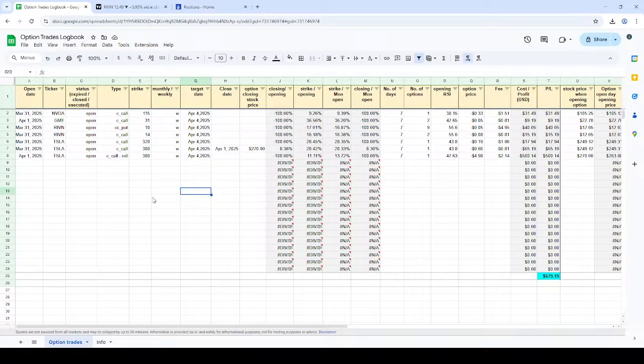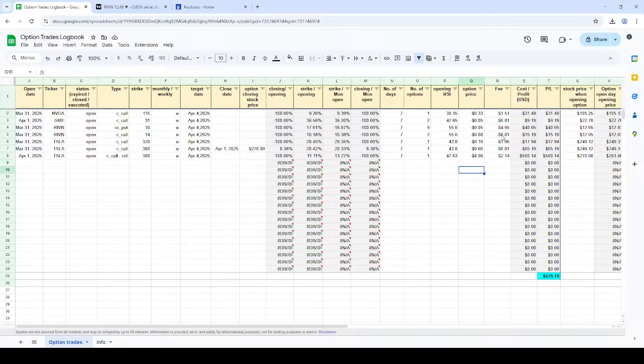So, the basic for me is this Google Sheet. I always log the trades that I do. I have here the open date when I open the trade and the tickers. And then what is important also, I capture all the data: I look at the price that I get, the premium.